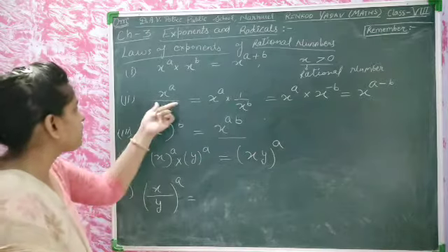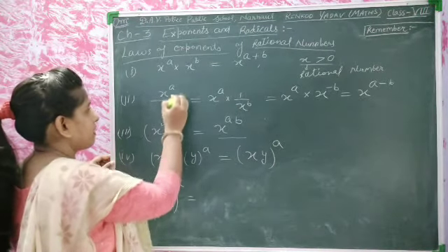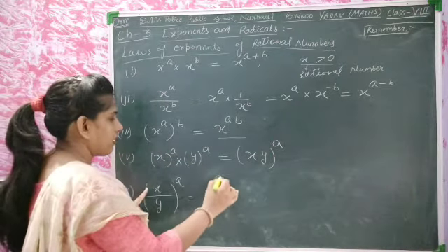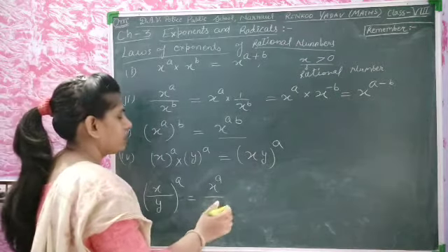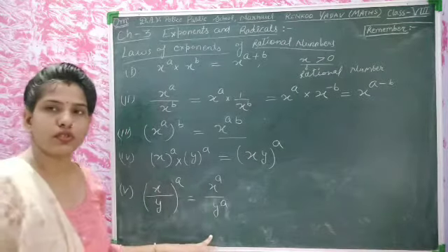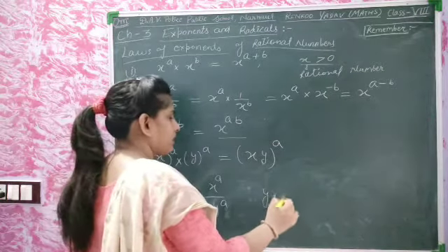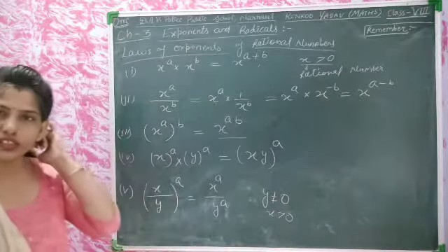If the bases are different and the powers are the same, this will become the rule: x to the power a over y to the power a. We will solve it as such. Okay students, where y is always non-zero and x and y are rational numbers and x is always greater than 0. Is this clear students?